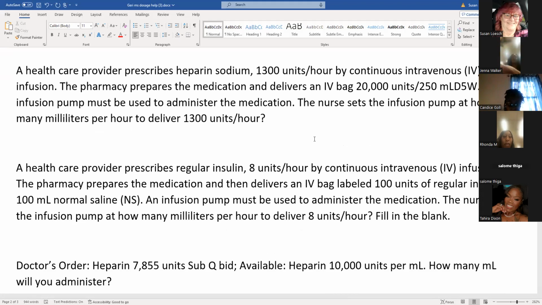Because you shouldn't be giving the patient anything else but their desired dose. If that's your desired dose, this question's pretty easy because it gave you what you have on hand, the 20,000 the doctor ordered. So this is just desired over have. I just want to cross out, okay? 1,300 over 20,000 times 250.